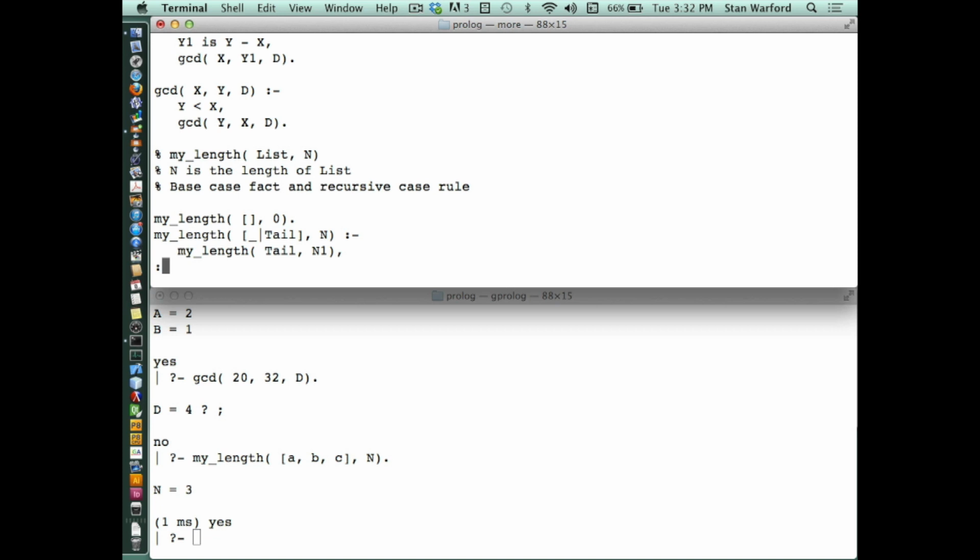It's going to call my length tail n1, and it will keep calling itself recursively until what happens? Yeah, it is recursive. It will keep doing it over and over again, with tail getting smaller and smaller till it's 0. So it's my length tail n1, and then what? N1 is n minus 1.